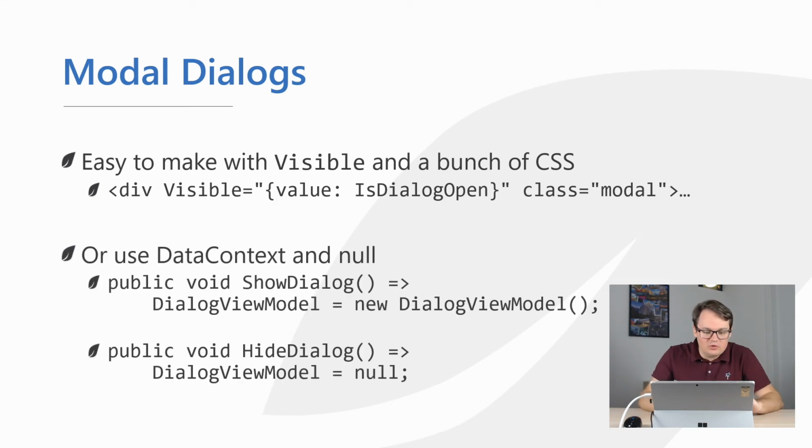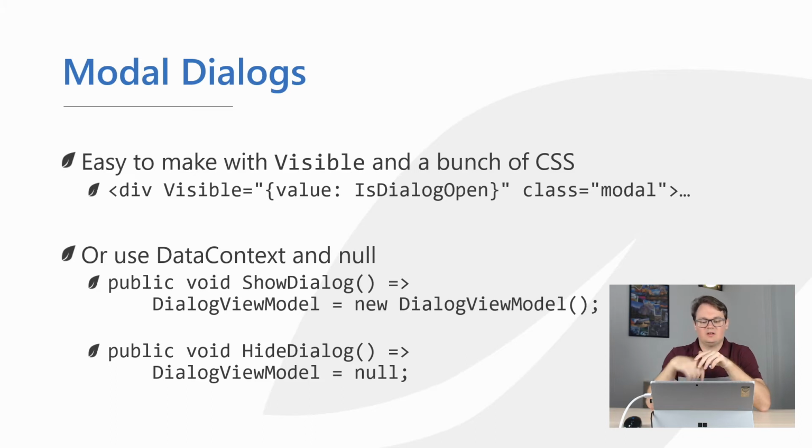Also, you can use the DataContext. There is a special feature of DataContext in DotVVM. If the data context is null, the element will be hidden and removed from the page. And whenever the value returns to the data context, when you set something other than null, the element will be recreated. So you can also show and hide the modal dialog using the data context.